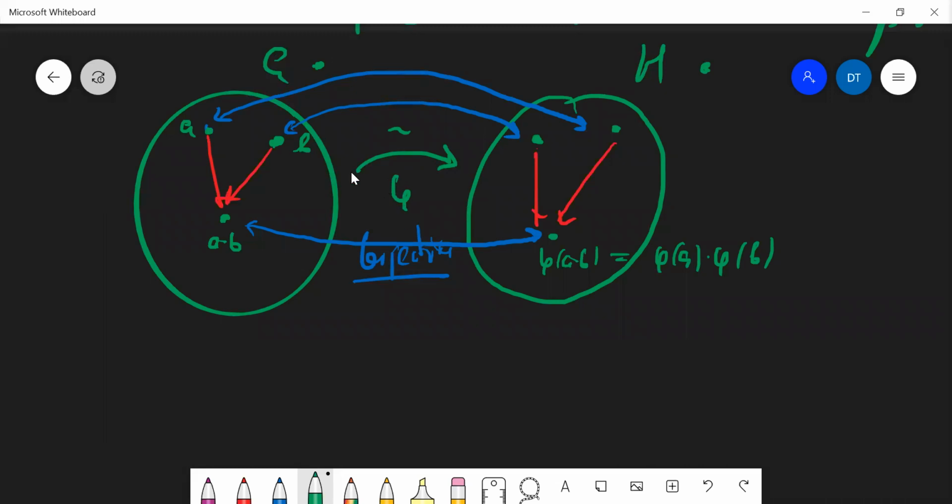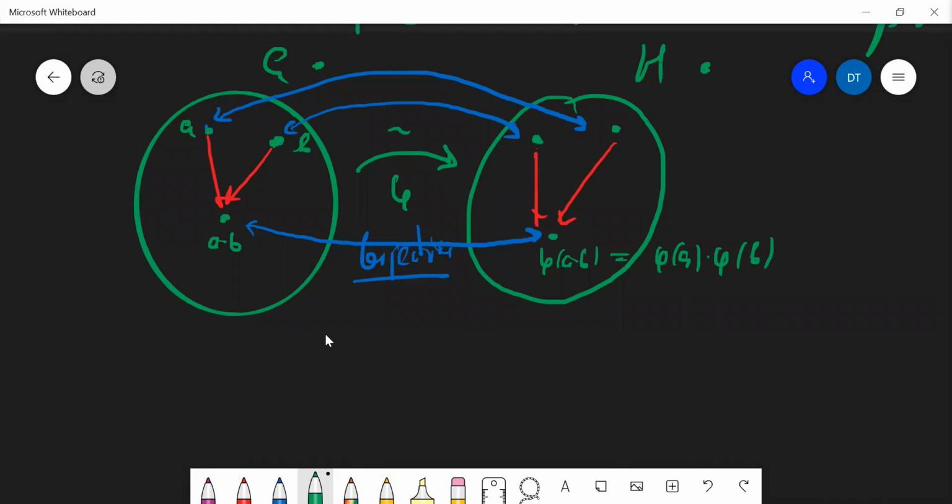All the properties that you may formulate in terms of the operation are exactly the same. So they have exactly the same amount of elements of specific order. They have exactly the same amount of subgroups, and so on and so on. And this bijection is just the way to transform one group to another one. So this is how you should think of it.